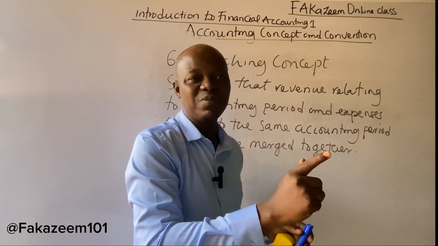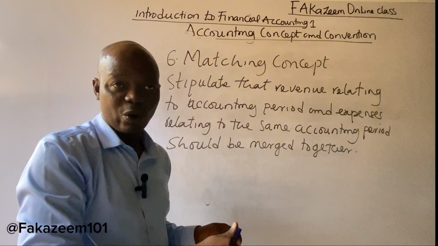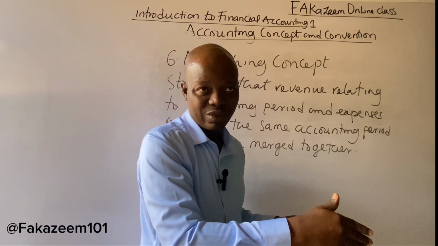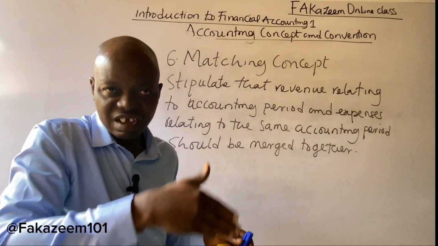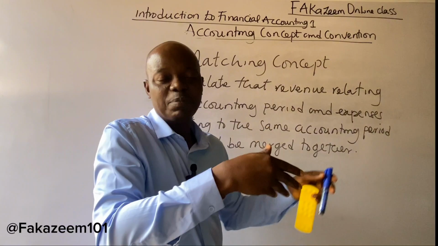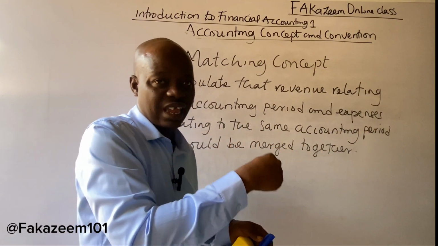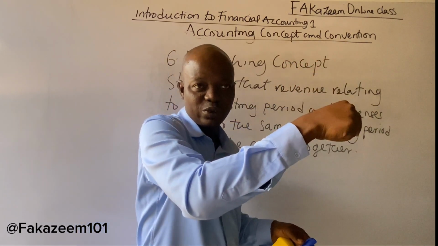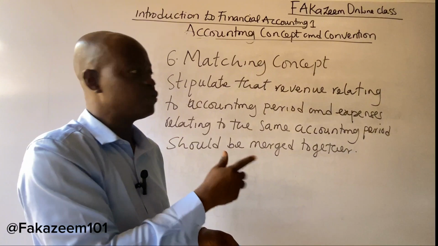The expenses that will be deducted from the sales of 2024 must be the expenses incurred in 2024. Expenses and revenue within the same accounting period can be merged to determine profit. But expenses of another year cannot be used to determine the profit from revenue of another year.